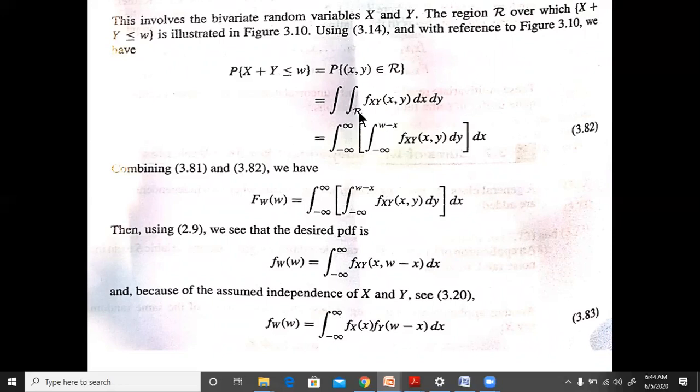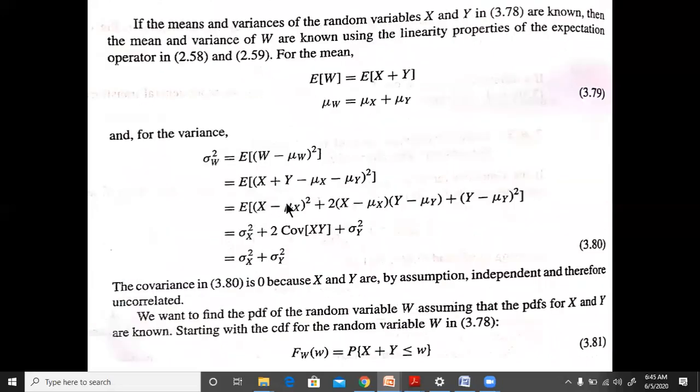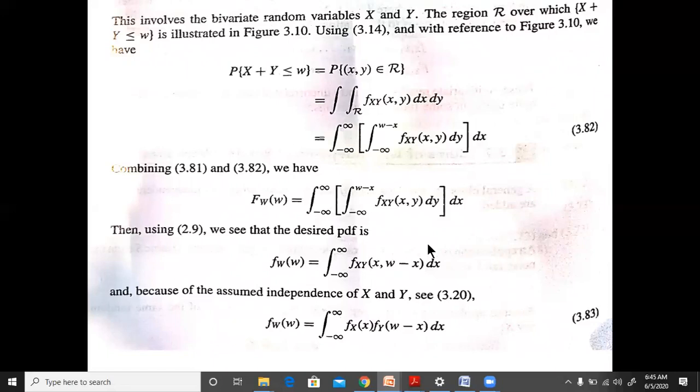Again, you can just substitute the limits: this will become minus infinity to infinity, and minus infinity to w minus x, f of XY (x, y) dy dx. And this quantity is F W of w in the earlier equation 3.81, and hence we can just replace it by F W of w.